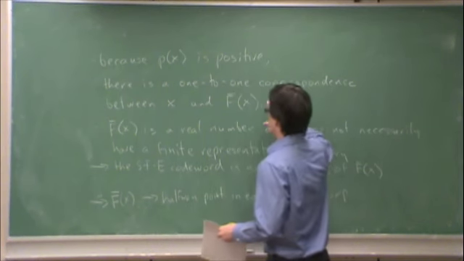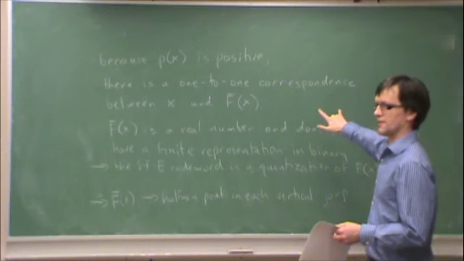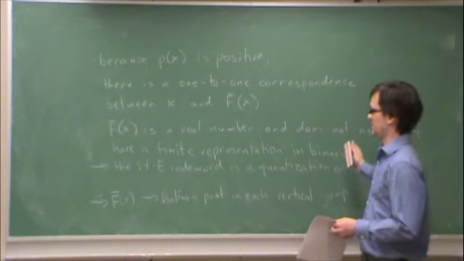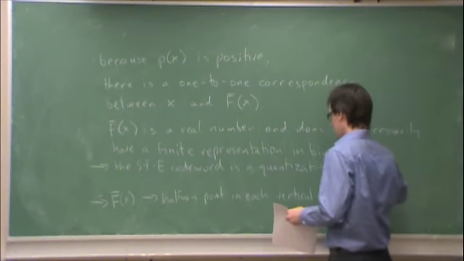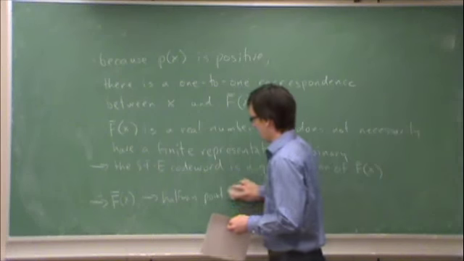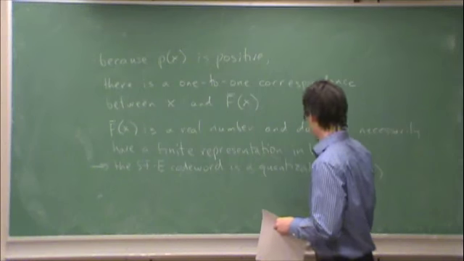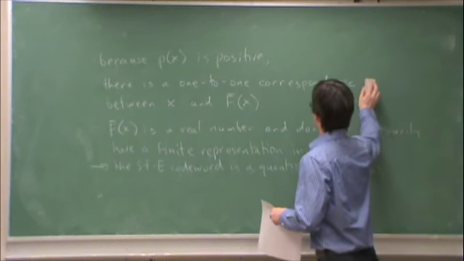So what do I mean by this? There's a one-to-one correspondence between x and f bar. Basically what that means is if I know f bar, I can map it back to x. And we can see that from my earlier example. So let me redraw that earlier example here.